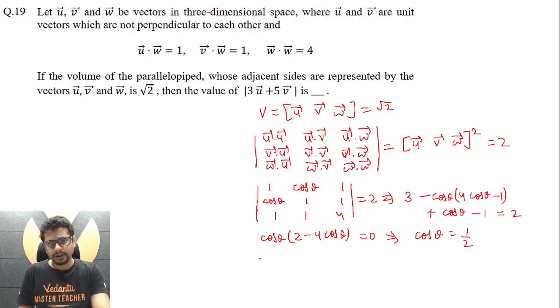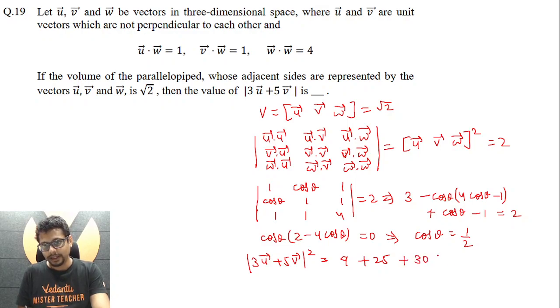Now what about this? Magnitude of 3U vector plus 5V vector. Basically this square would become 9 U vector dot U vector, which is 1, plus 25 V vector dot V vector, which is 1, plus you have 30 times U vector dot V vector.